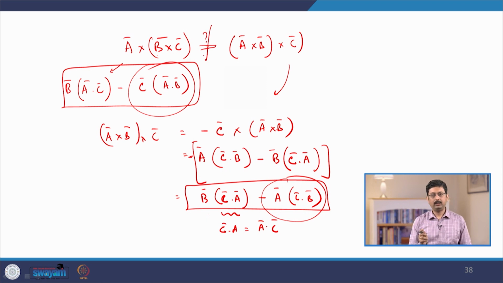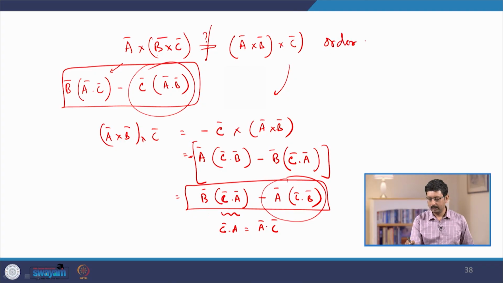That means, if you have two cross products one after another, you must always give a bracket to denote which cross product is taken first and which cross product is taken next. The order of cross product is crucial.